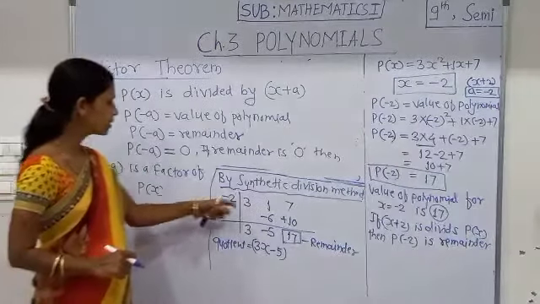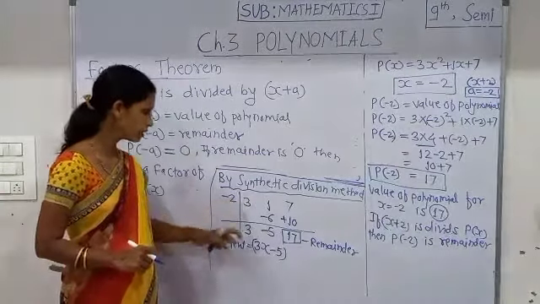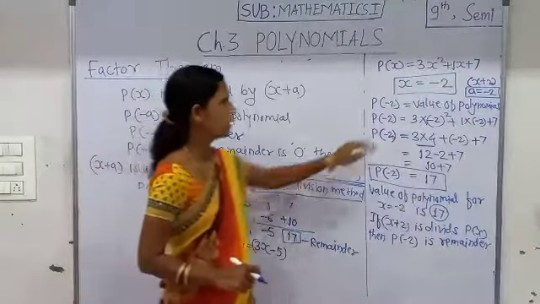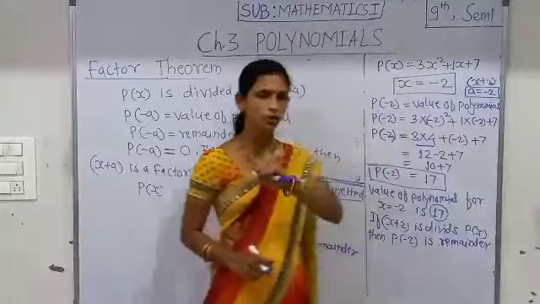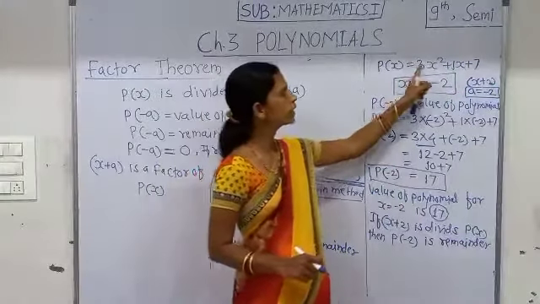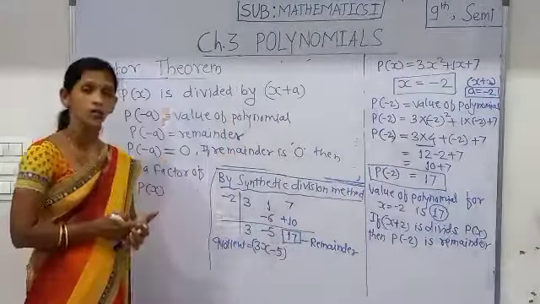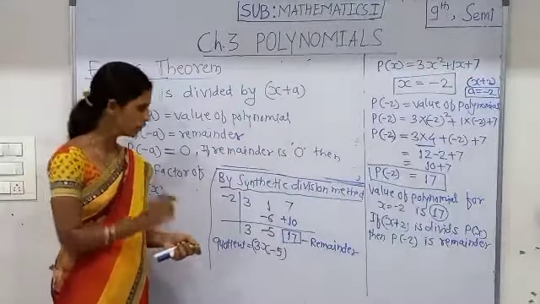Then see here, in this example the remainder is 17, therefore x plus 2 is not a factor of 3x square plus 1x plus 7. Then that is about the factor theorem.